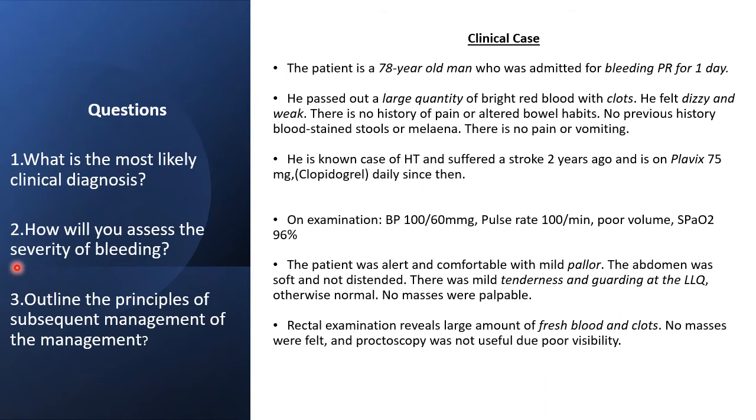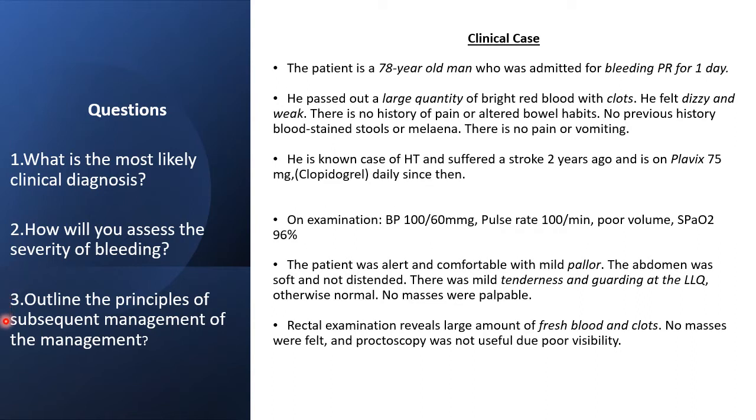In this patient, he has mild to moderate bleeding because of the slightly low BP and a high pulse rate which is poor in volume. And we also make use of the Glasgow Blatchford and the Rockall scoring systems to assess the severity.